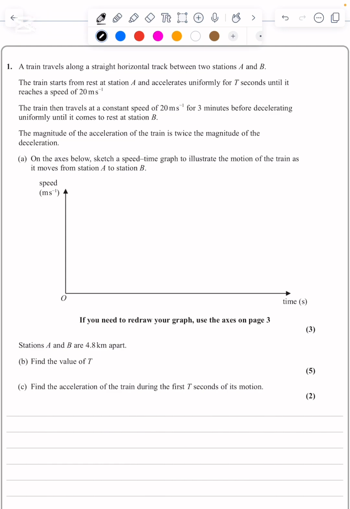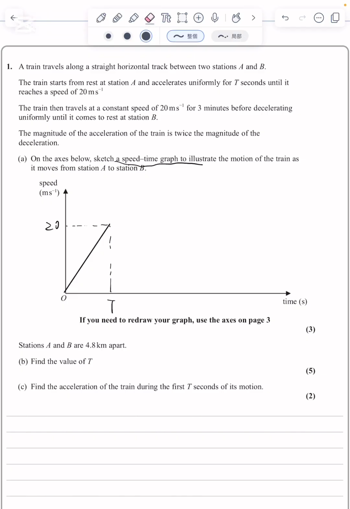Okay, so I guess we have to sketch a speed time graph. It accelerates uniformly, starting from rest until it reaches this. So like this. And then this is T. This is 20.